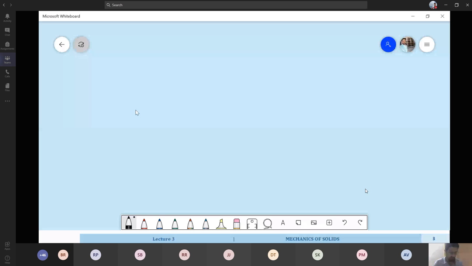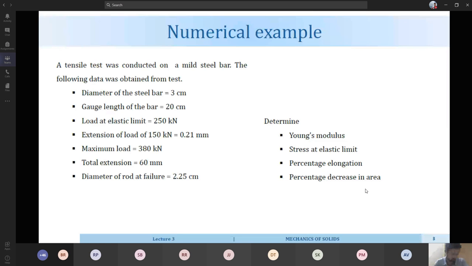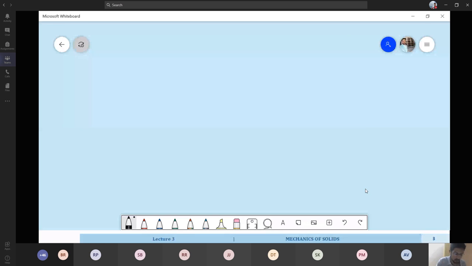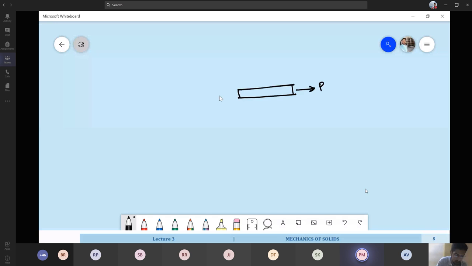Which cross section are you considering? You have a bar like this, so the cross section view will be a circle. Area is pi into 1.5 whole square. What is the area coming there?